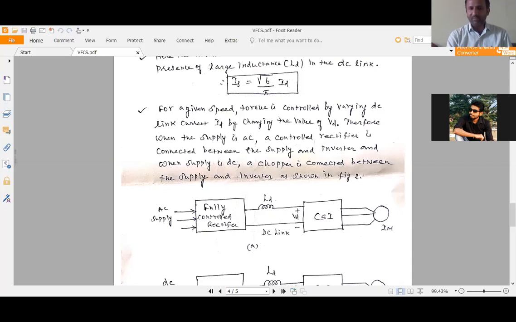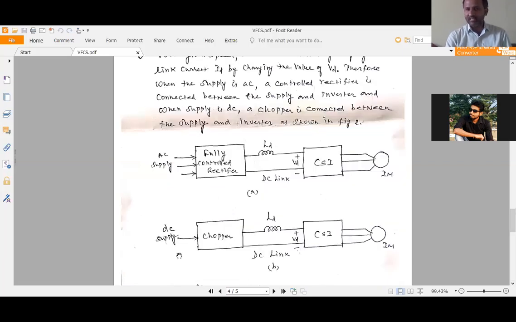Similarly, in the second diagram, when the supply is a DC supply, a chopper is connected between this DC supply and the current source inverter to obtain the variable voltage. So that is the second diagram explanation. For the first, the variable DC supply VD is obtained by connecting the fully controlled rectifier between the AC supply and the current source inverter.